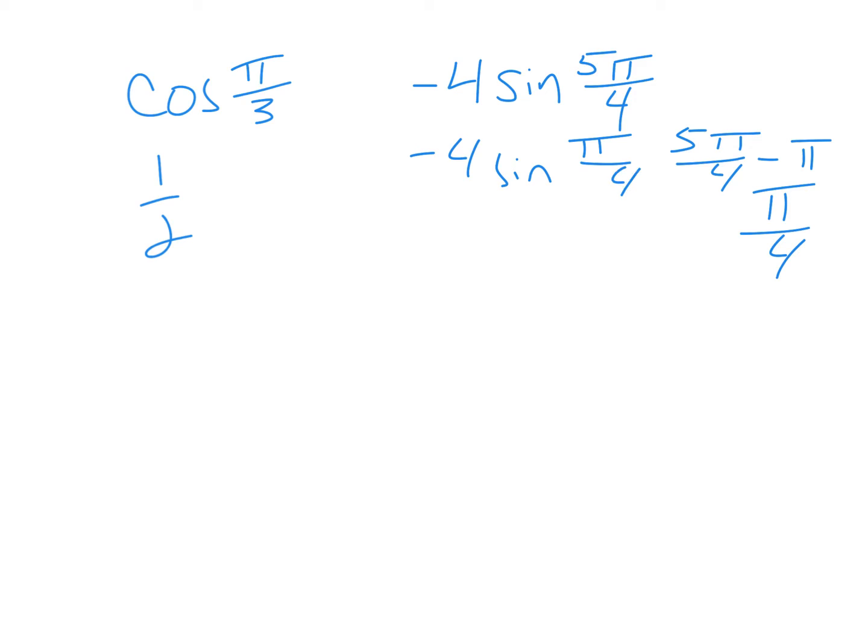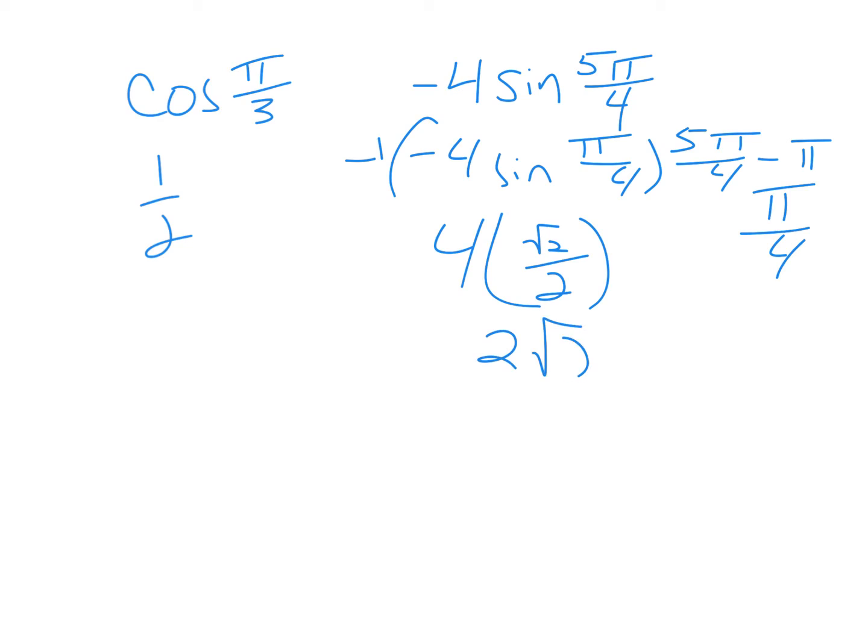And keep in mind that since you changed from a negative y to a positive y, we need to multiply that by a negative 1 at the end if you do it this way. So sine of pi over 4 is root 2 over 2, and negative times negative is positive, so it's positive 4, getting us 2 root 2, because 4 divided by 2 is 2.